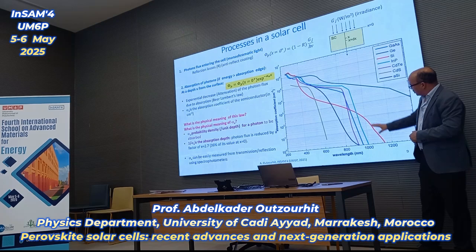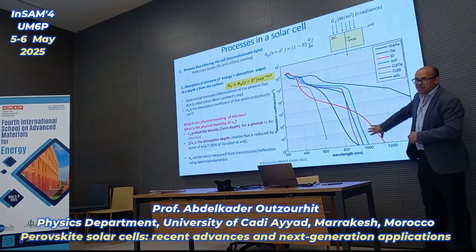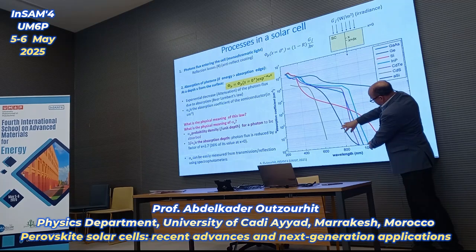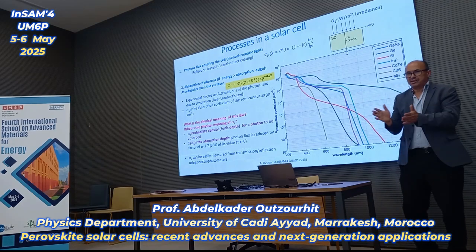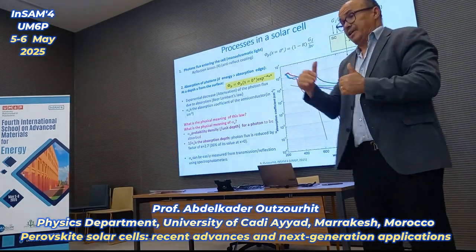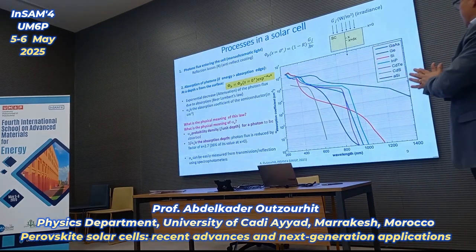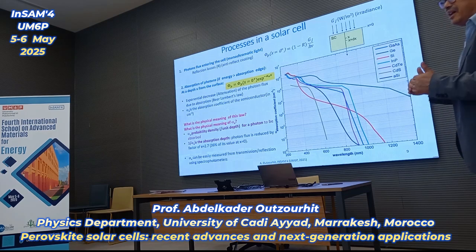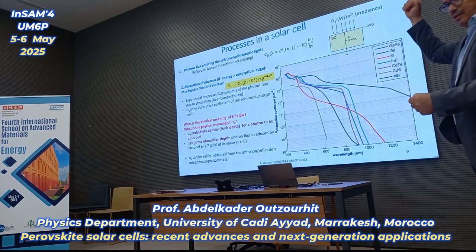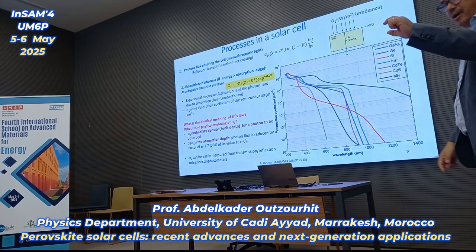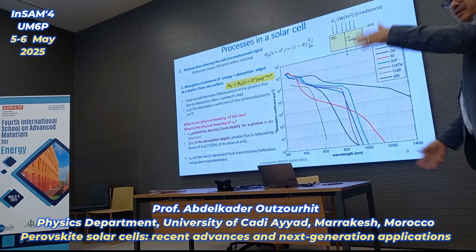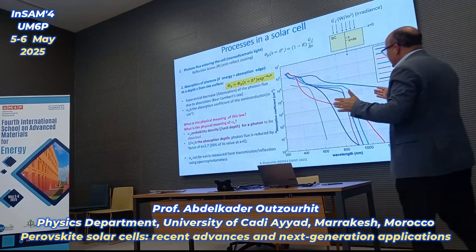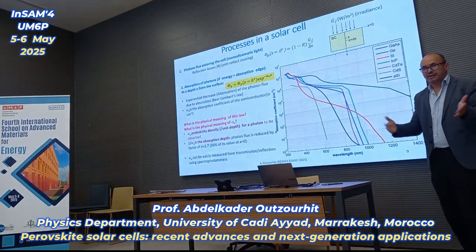The photons in this region are most effective in the case of silicon, and the photons in this region are more effective for the other semiconductors. If a photon has a large energy, you are left with a highly energetic electron, because the energy you need is only the band gap. The excess energy is lost to the lattice and just heats up the cell, and when you heat the cell, you lose efficiency.